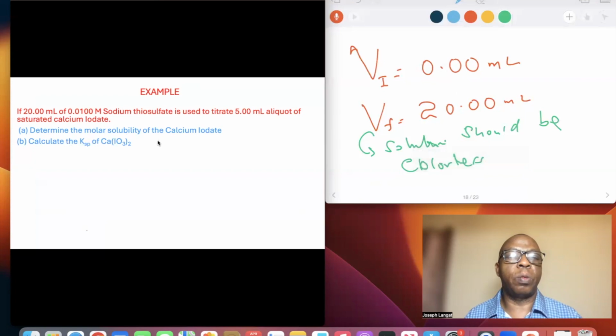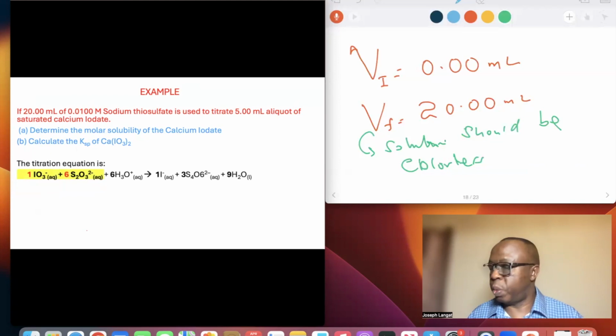Determine the molar solubility of calcium iodide in pure H2O, and then the follow-up question is, how do you go about determining the KSP, the solubility product constant? This is a 1 to 2 ratio of ions from the solubility equilibrium.